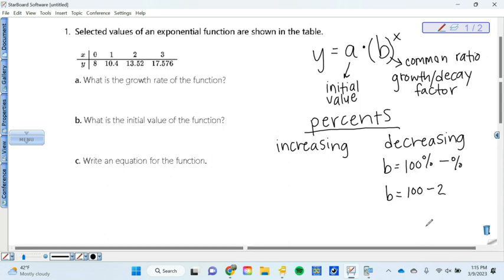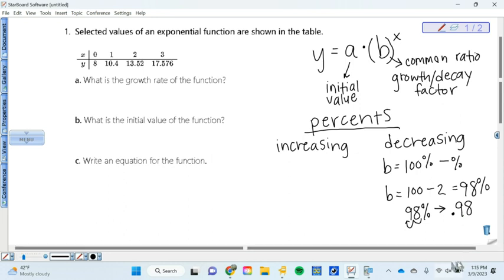What is 100 minus 2? 98. So that's like 98%. How do I convert 98% into a decimal? You just move your decimal point over two places. So 98% is 0.98.